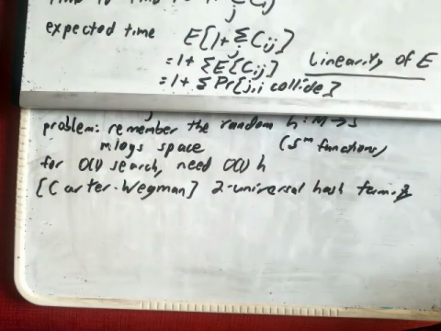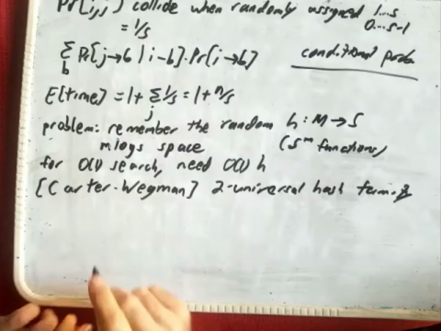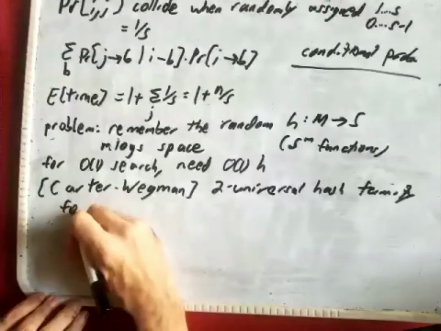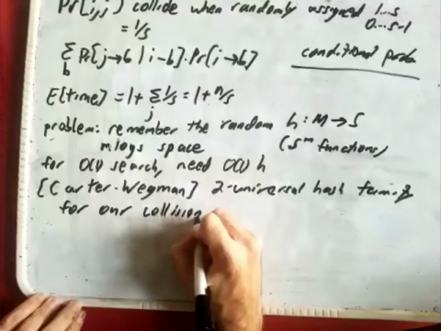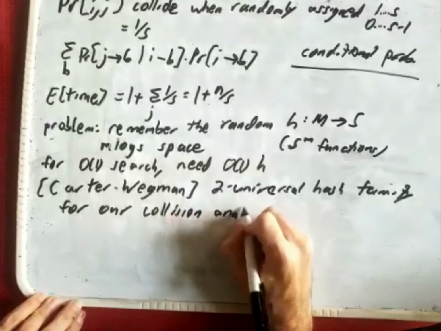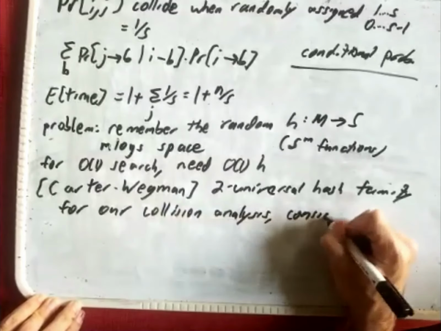Okay. But does the function really have to be random in order to give us a small expected number of collisions? Right? For our collision analysis, we considered pairs of items.